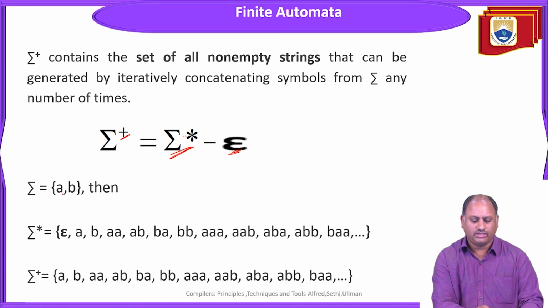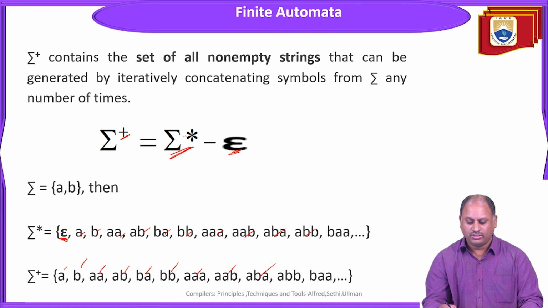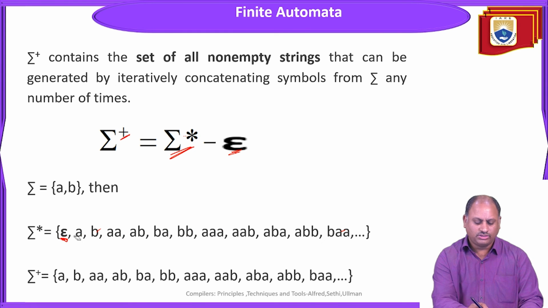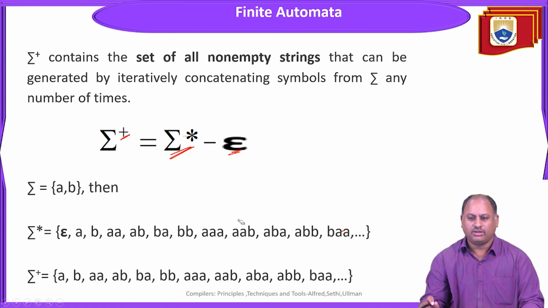For example, if you take A comma B, in star all the strings are allowed, whereas in plus, except epsilon, the remaining are the same: A, B, double A, AB, BA, double B, triple A, double A B, ABA, ABB, BBA, and so on, except epsilon. Remaining all strings are allowed. So the only difference between sigma star and plus is that epsilon is included in the star operation.